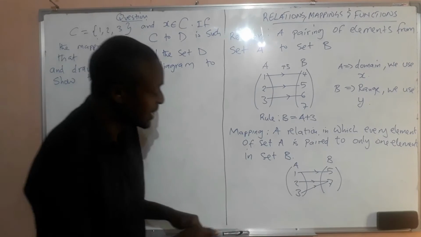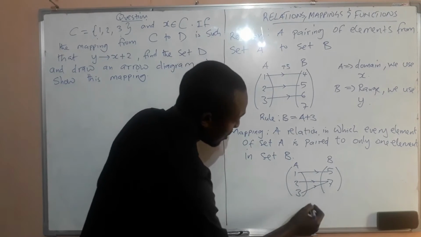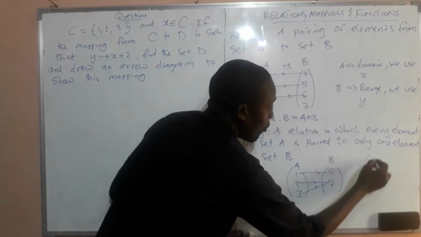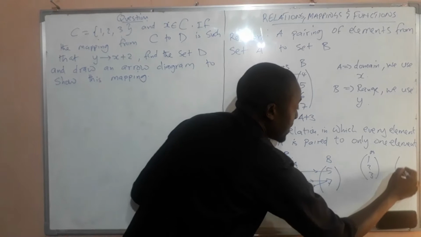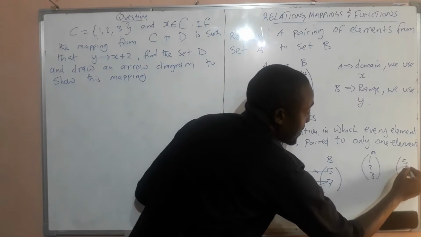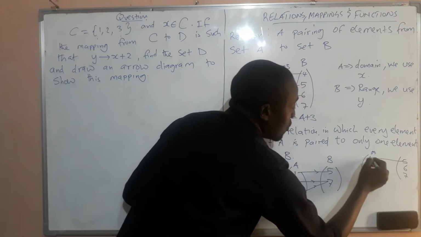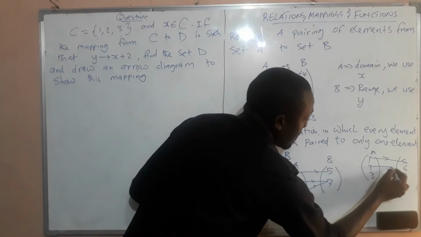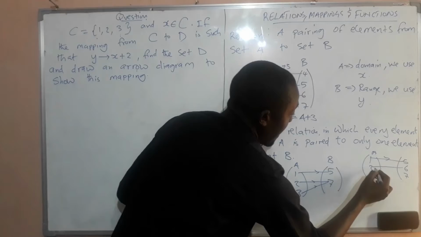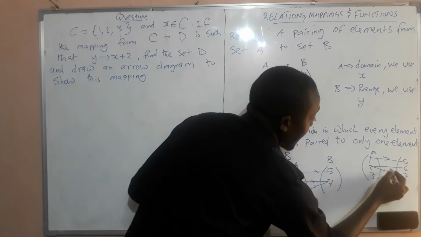But if you change things here and say, okay, we are going to have 1, 2, 3, and on this side we have maybe 5, 6, 7. And then you say, okay, we are pairing like this, and this one goes there, and then also there, like this.